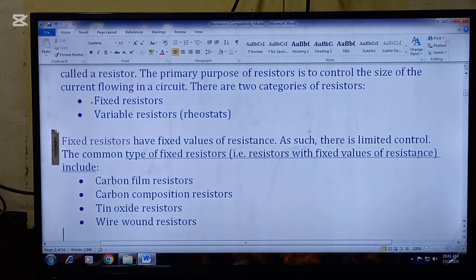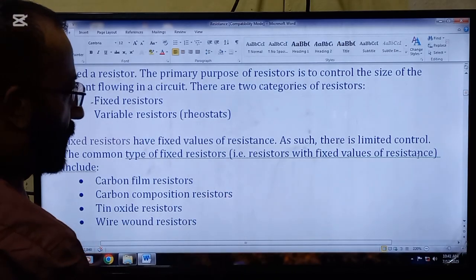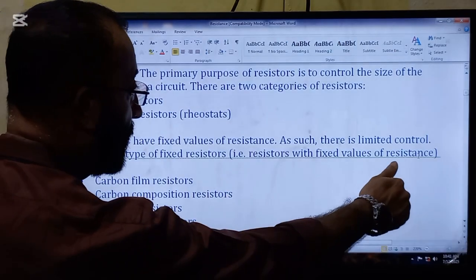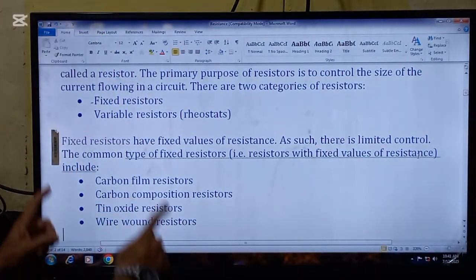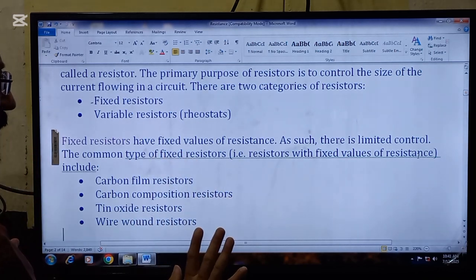Okay, now we are going to read what are fixed resistors. Fixed resistors have fixed values of the resistance. As such, there is limited control, because the resistors have fixed values of the resistance.